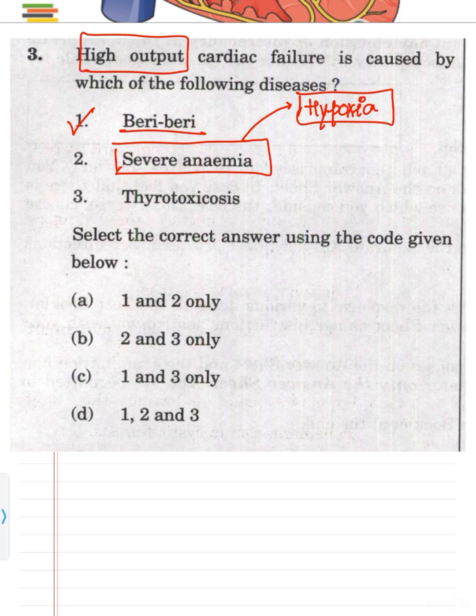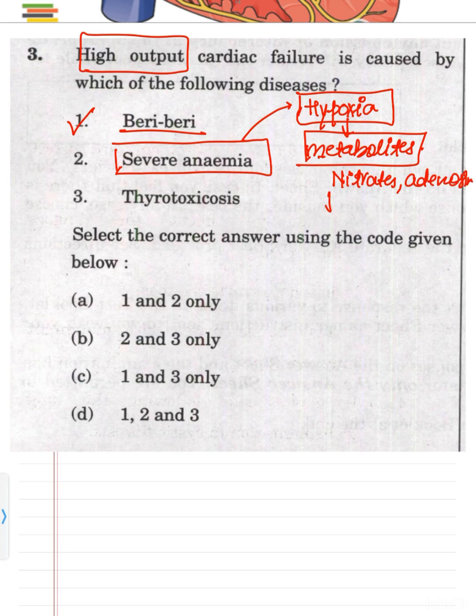It will lead to the production of metabolites, which will accumulate, like nitrates, adenosine, etc., or lactate again, which will lead to vasodilatation, which will lead to a decrease in systemic vascular resistance, which will lead to increased preload by increasing venous return.